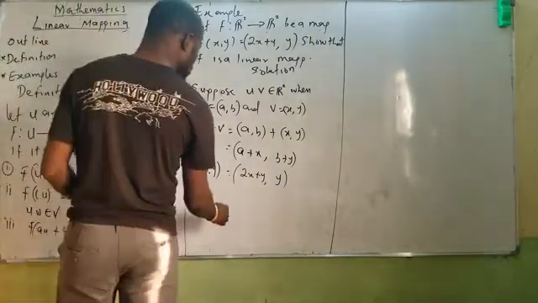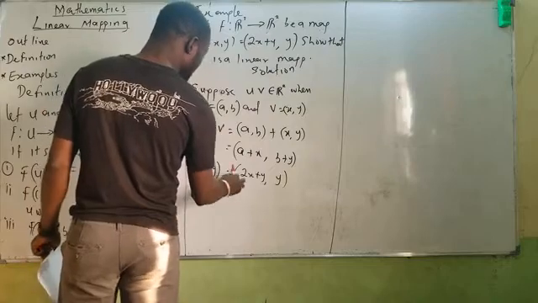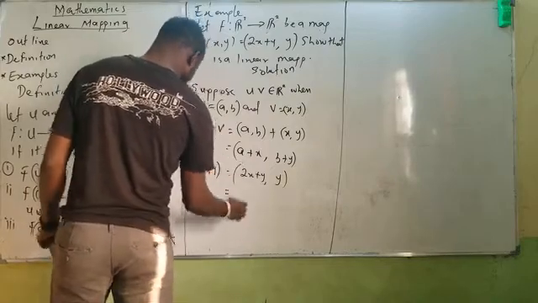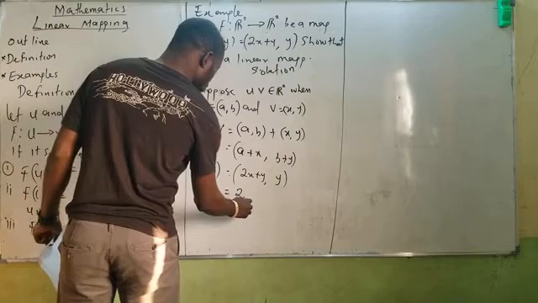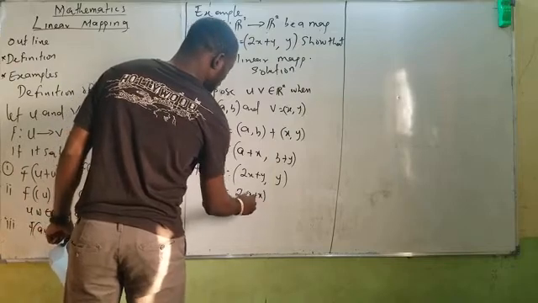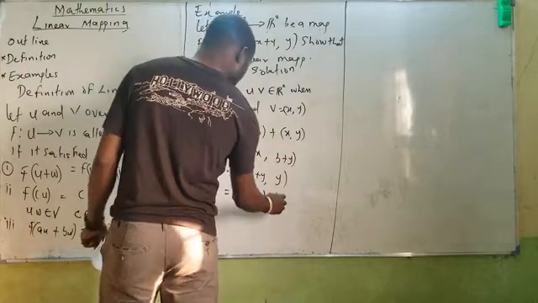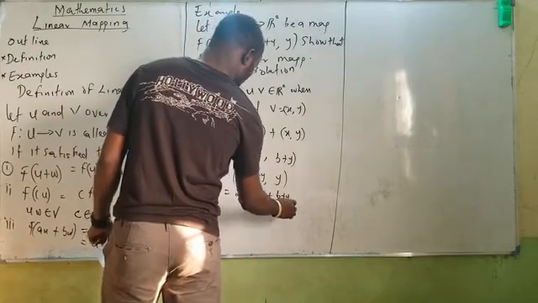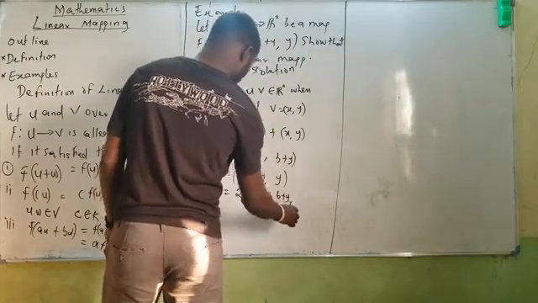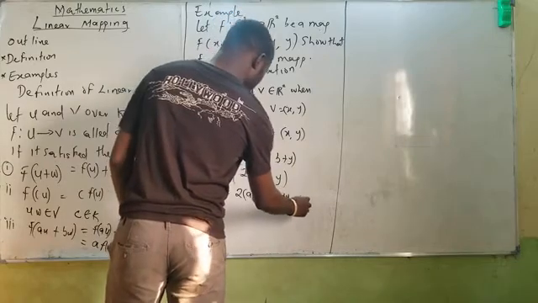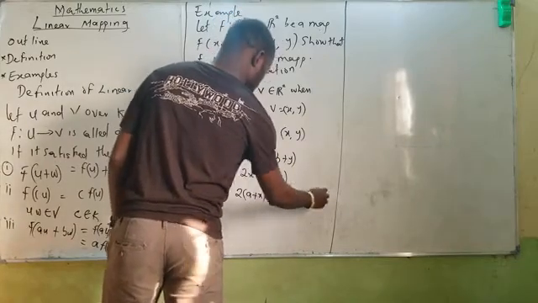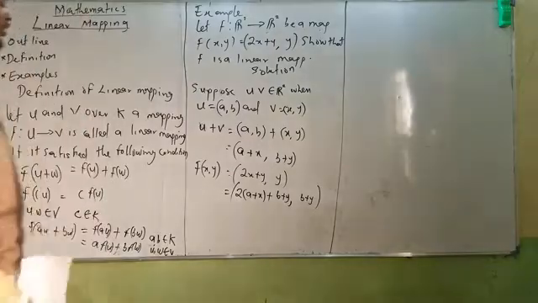This will be equal to (2a plus x plus a plus x plus b plus y, b plus y). Hope you are not lost.